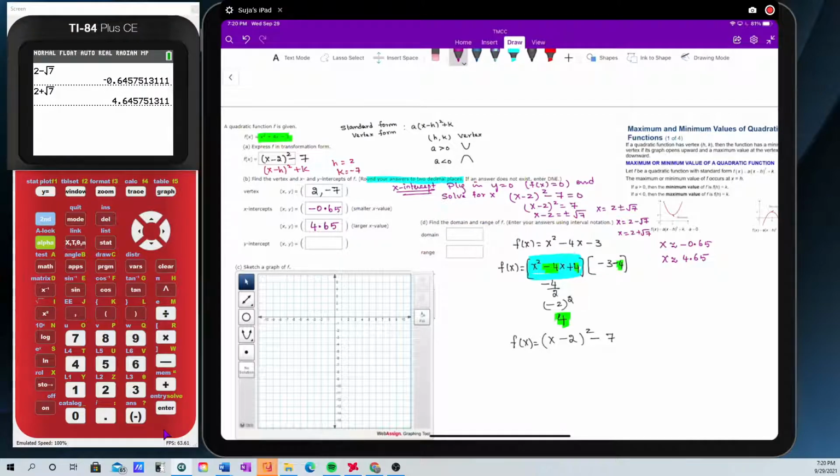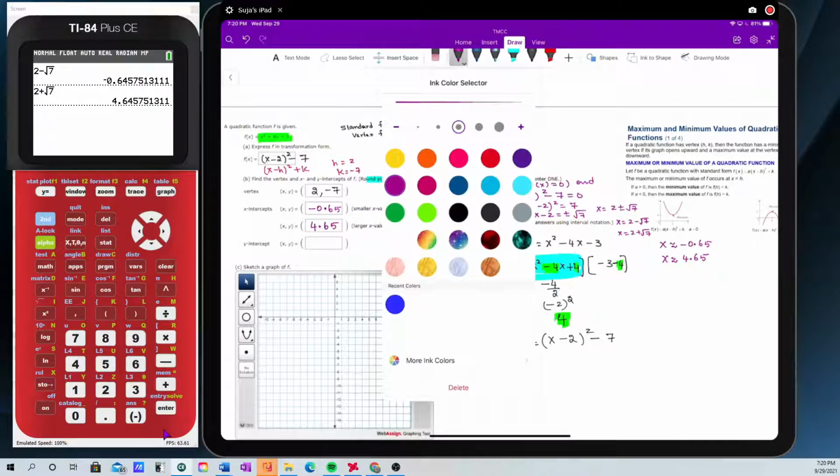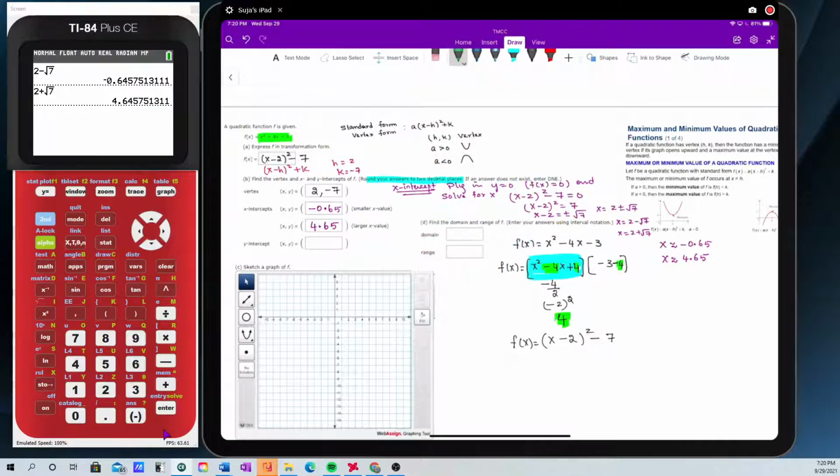Now the next part of the problem is asking me to find the y-intercept. To find the y-intercept, I'm going to plug in x equals 0 and solve for y, in this case f of x. In other words, I'm looking for what f of 0 is. Even if I go to the original, 0 squared minus 4 times 0 minus 3, I'll have negative 3.